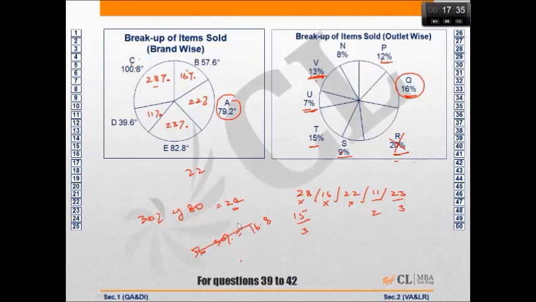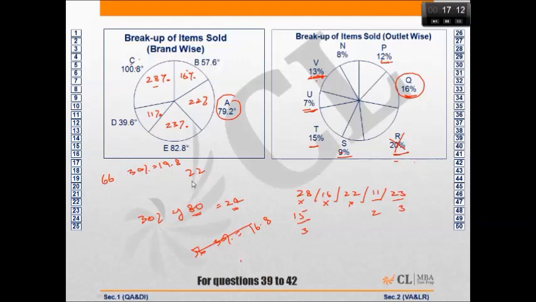Wrong calculation. 80 is left, 80 minus 16 is 66, I am left with 66. So 30% of 66 is 19.8.